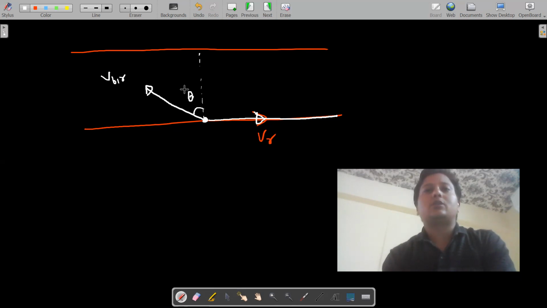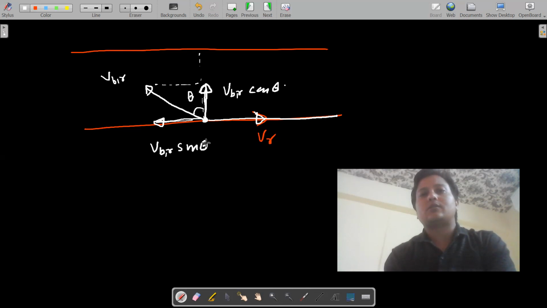VBR has two components: one perpendicular to the bank, VBR cos theta, and one parallel to the bank but in the opposite sense to the flow, VBR sin theta. And VBR sin theta is less than Vr because Vr is larger than VBR.